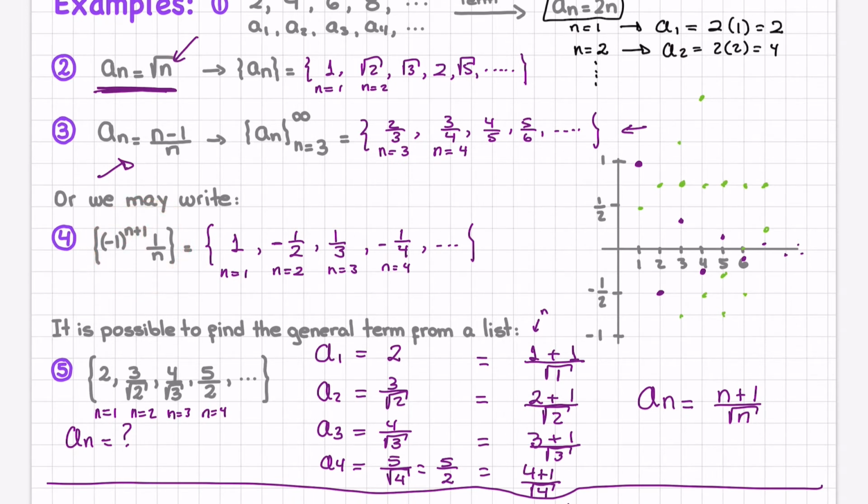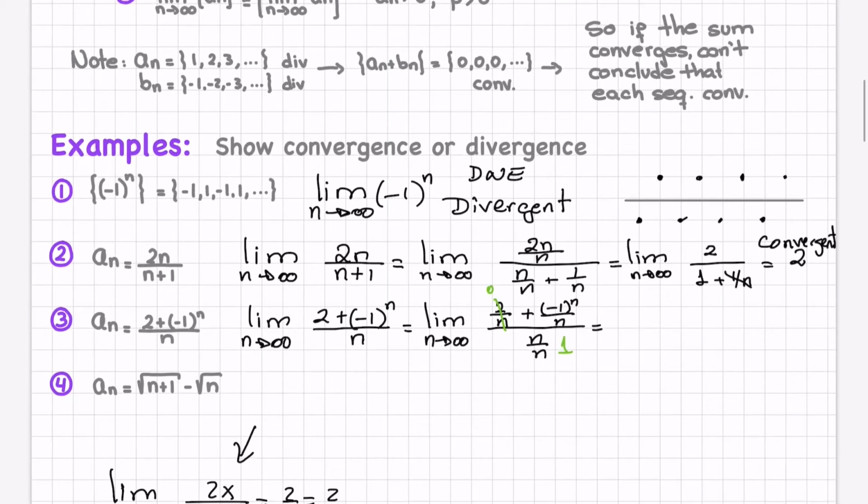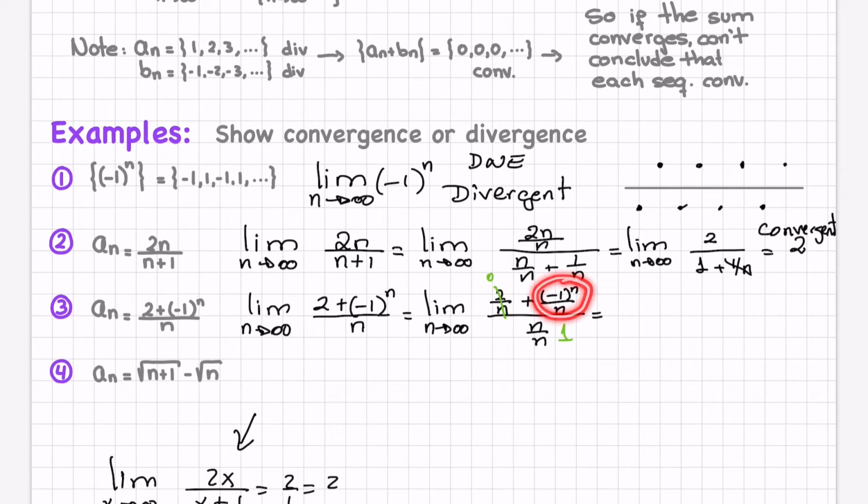It just switches which is up and which is down, but the behavior is the same. Approaching 0. Later we're going to prove it. But that obviously approaches 0. So this approaches 0 over 1, which is 0. Thus, that sequence is convergent.